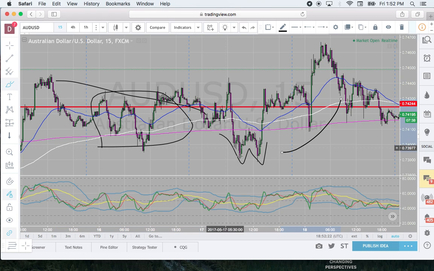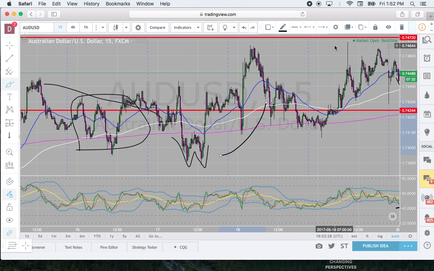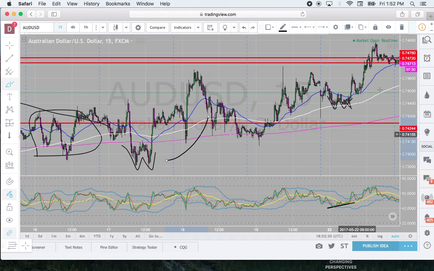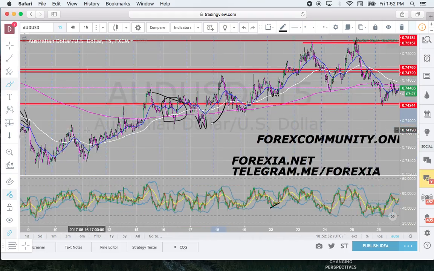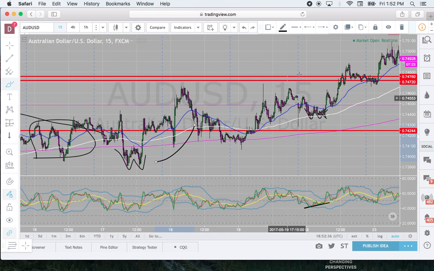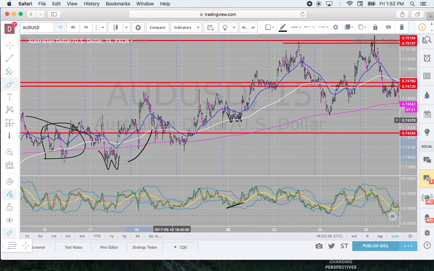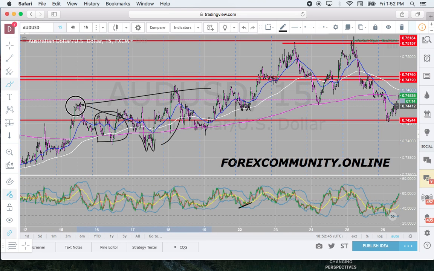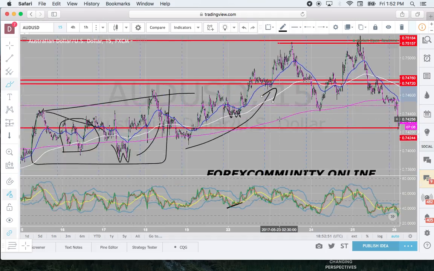So it resets the uptrend. It comes down, resets the uptrend, and then comes up. And then they keep resetting the trend until they have built enough momentum to basically completely shift the zone from here to here. And it happens really fast.